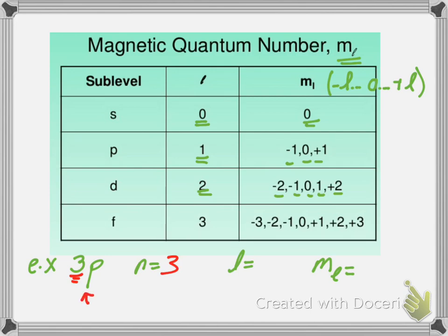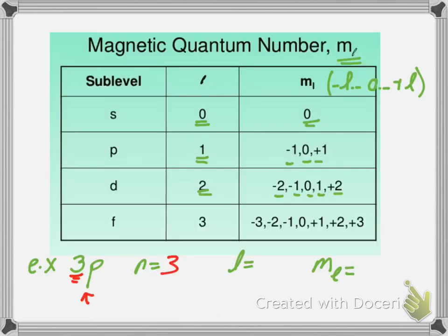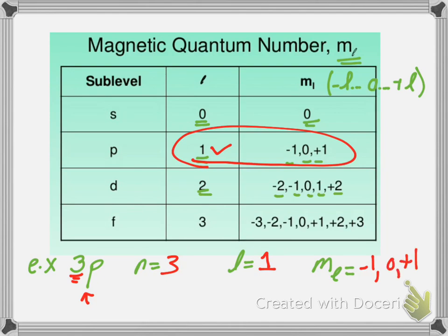This is what we look at to find the l. Remember this slide here? We look for p. What's the l for p? It's 1. So we put 1. What's the m sub l? If l is 1, then m sub l can be minus 1, or it can be 0, or it can be plus 1.